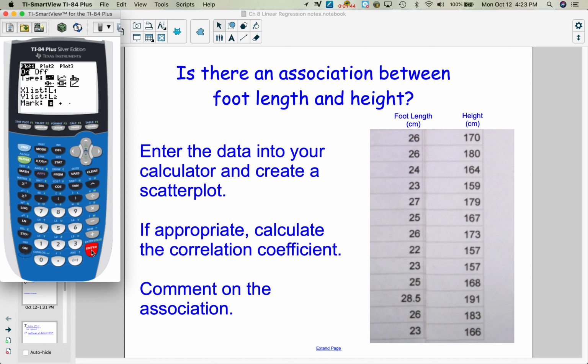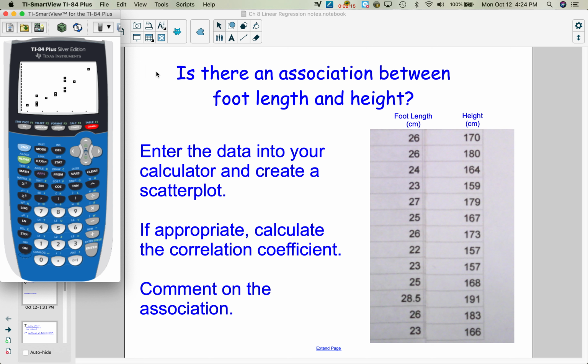And that's already L2. So if I do ZoomStat, which is number 9, or you can scroll down, well, that looks interesting. What do I have going on here? I'm guessing if I go to second format, I have my grid on, so let me get rid of that. Okay, so here's my plot. I have my axes turned on. A lot of times I like to turn those off, but we can see a scatter plot.